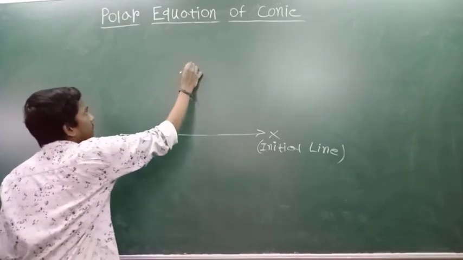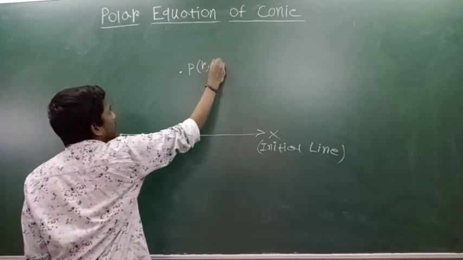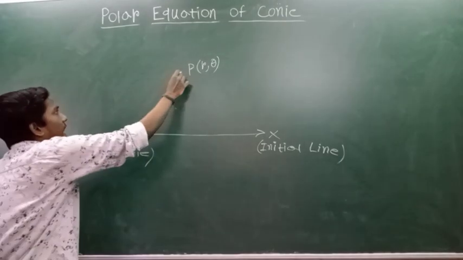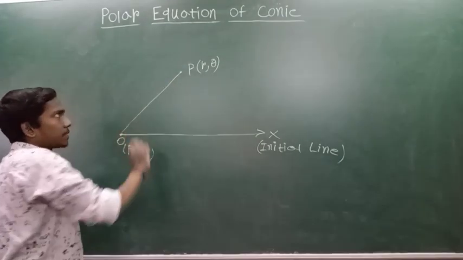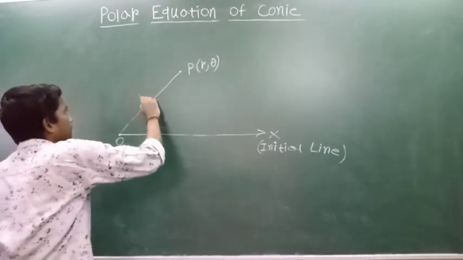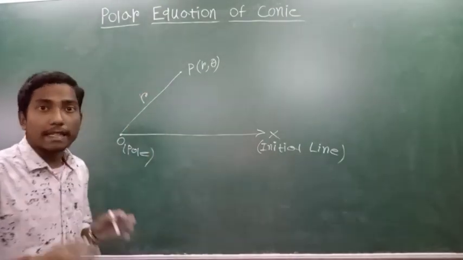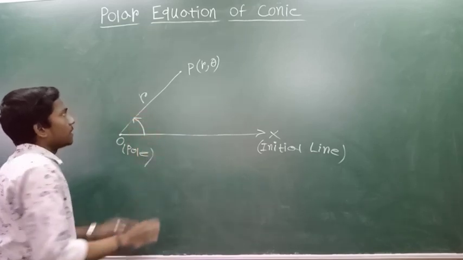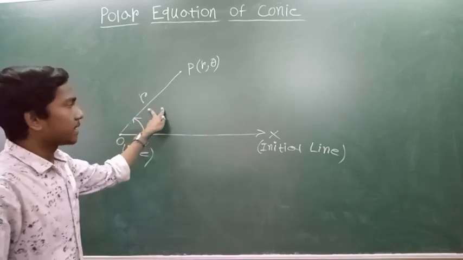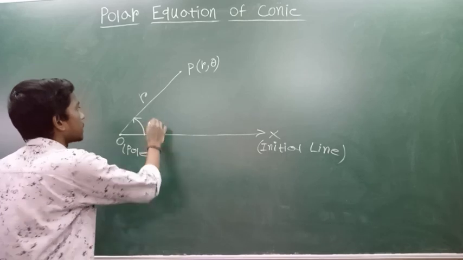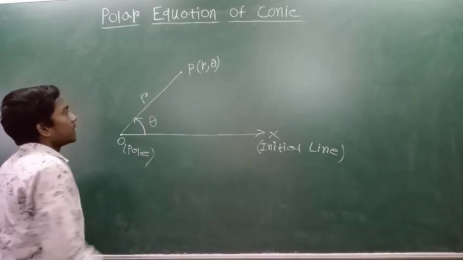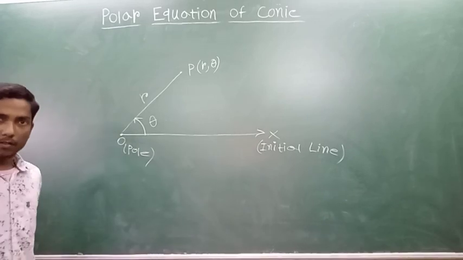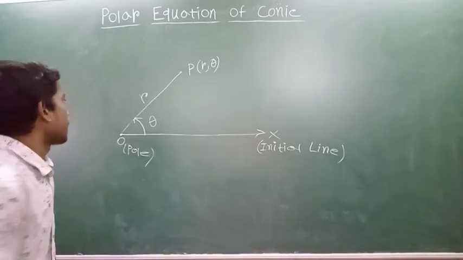So this point is P(r, theta), the coordinate of point P in polar coordinates. Here r is the distance of point P from the pole, which is called the radius vector, and the angle made by the radius vector with the initial line is theta, which is called the vectorial angle. So this is the basic of our polar coordinate system.